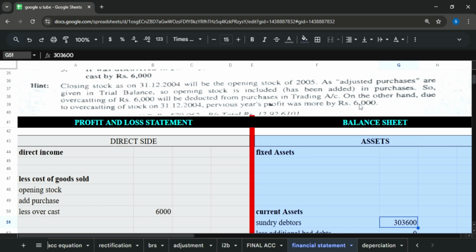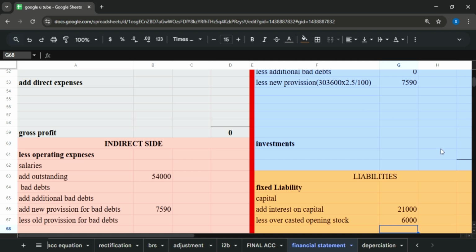So now why we have deducted it? Because previous year profit was increased, and now in this year, to compensate it, we will decrease our net profit for this year.